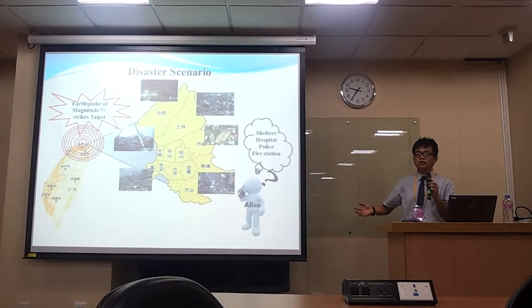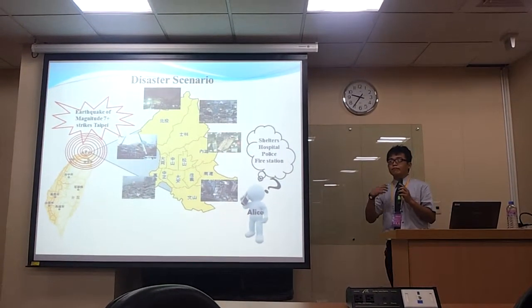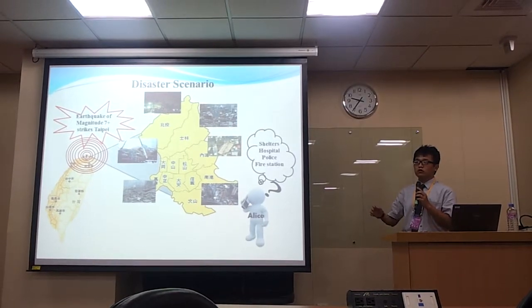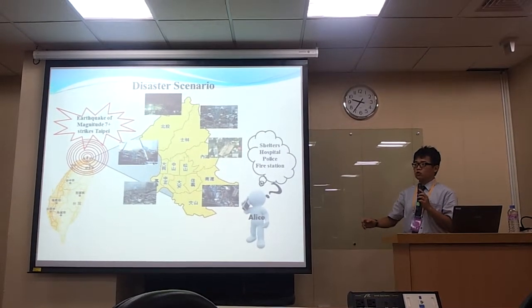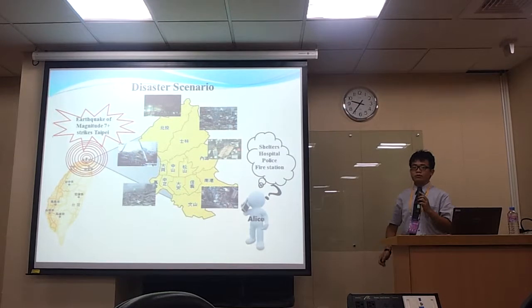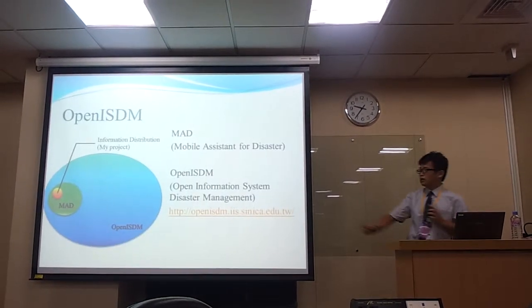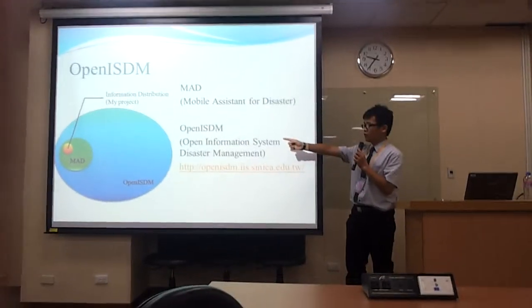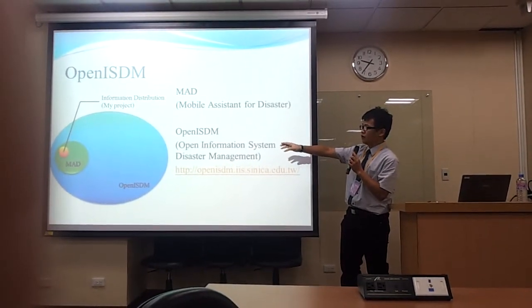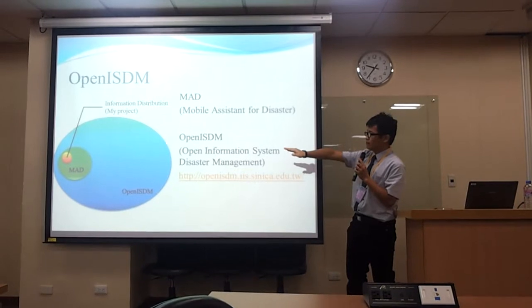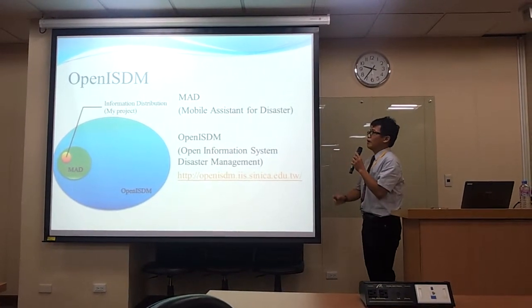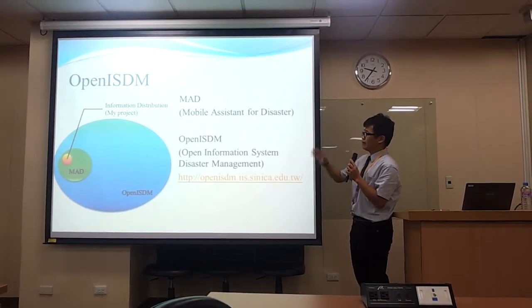Now, my summer project builds a tool that helps you solve this problem. This is my project, and it's one part of the topic called Mobile Assistant for Disaster, MAD.